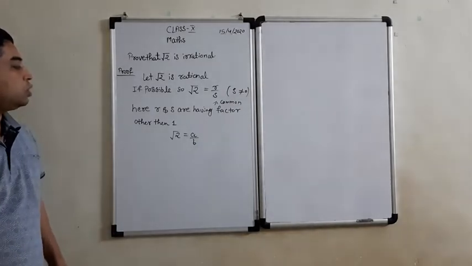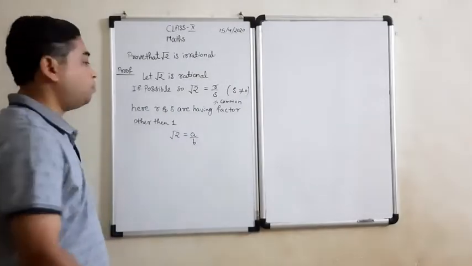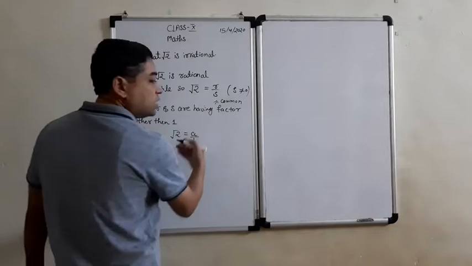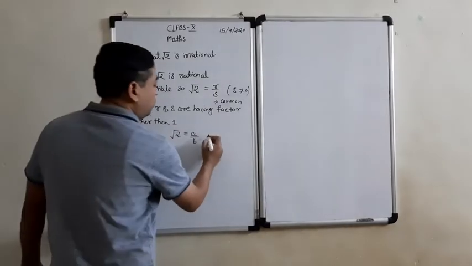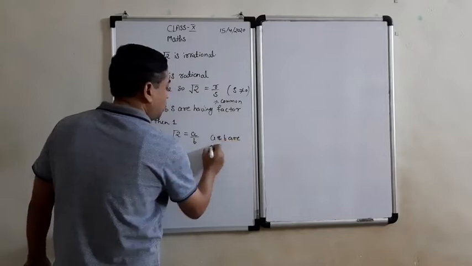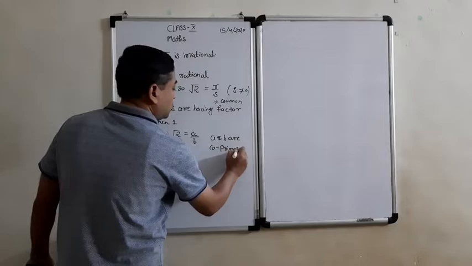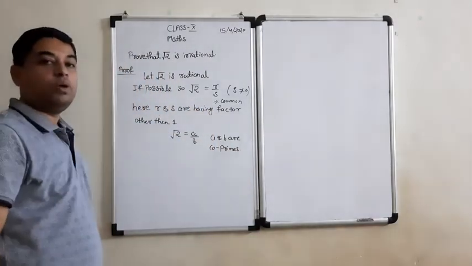So root 2 is equal to a by b. Now a and b do not have any common factor, so we can say a and b are co-prime numbers.